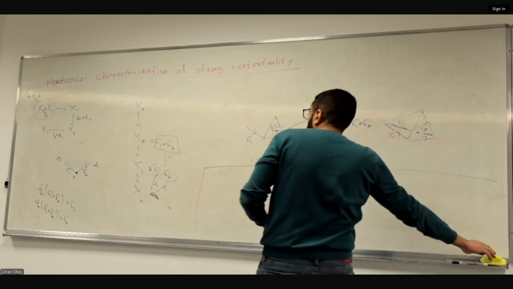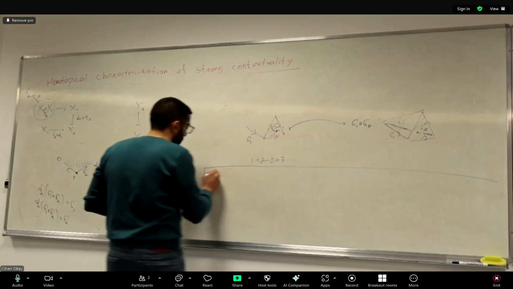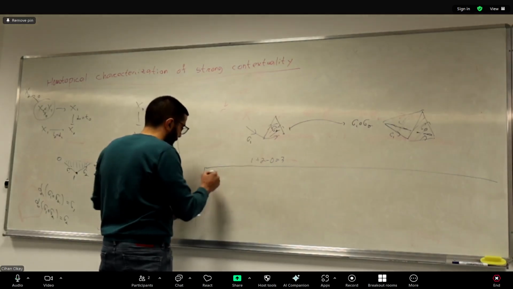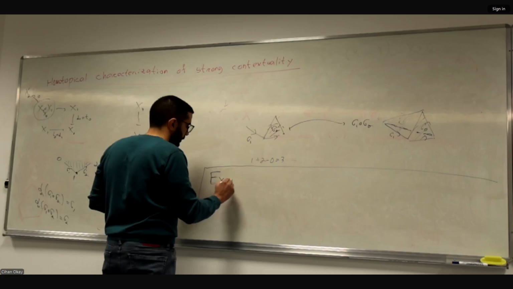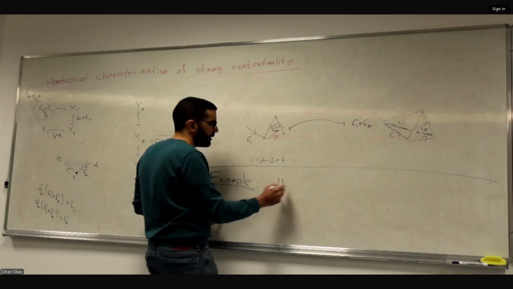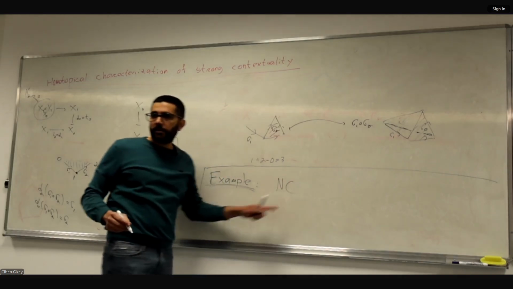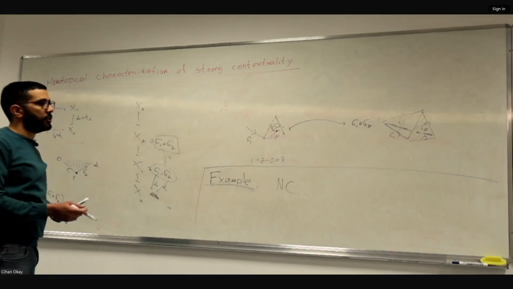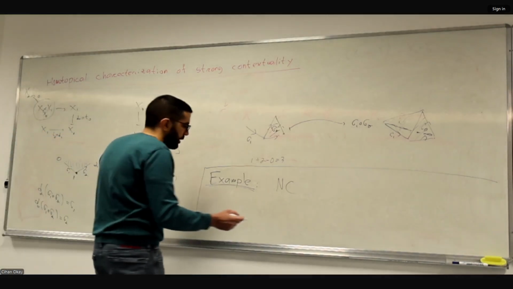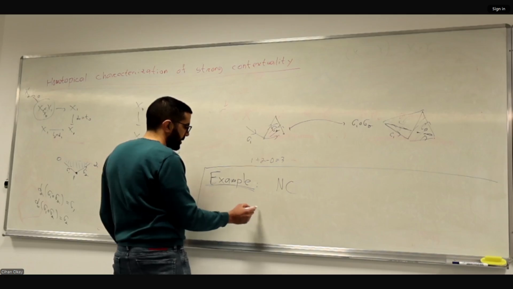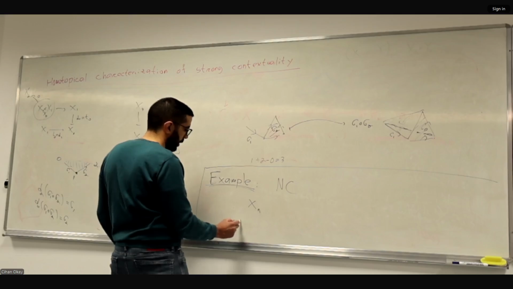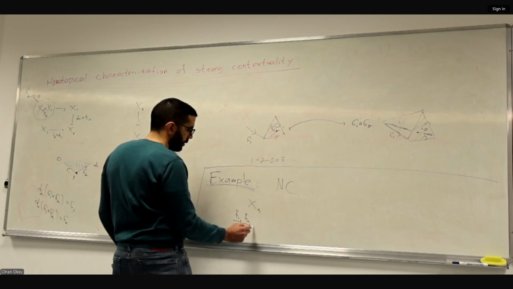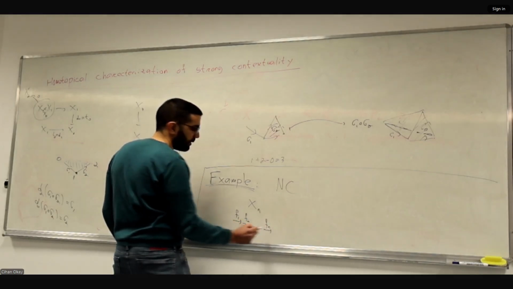Okay, so what I wanted to show is an example: the nerve of a small category. How does the composition look? It's easy. If I have something in x_n, it looks like f_1, f_2, up to f_n.